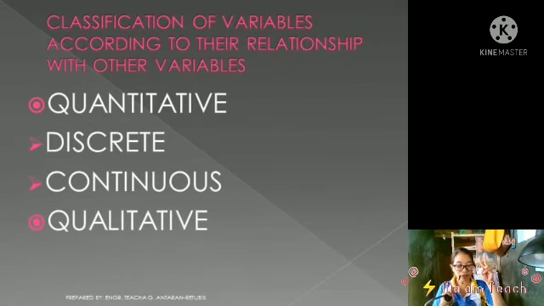Now, we have two classifications of quantitative. It could be discrete or continuous. When we say discrete, specific values, but within the range. Let's say, for example, class, when you receive your grades, it could be 1.5, 1.75, 2, 2.5. Take note, there are specific values from 1 to 3.